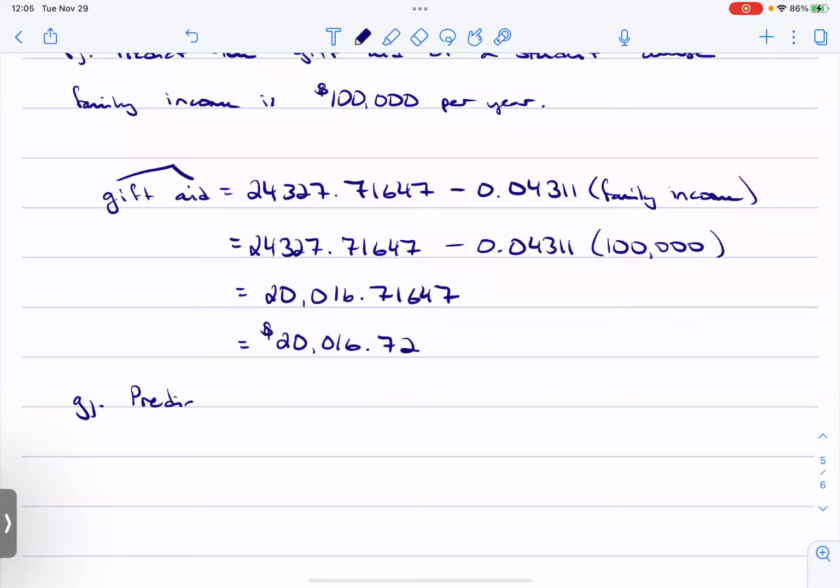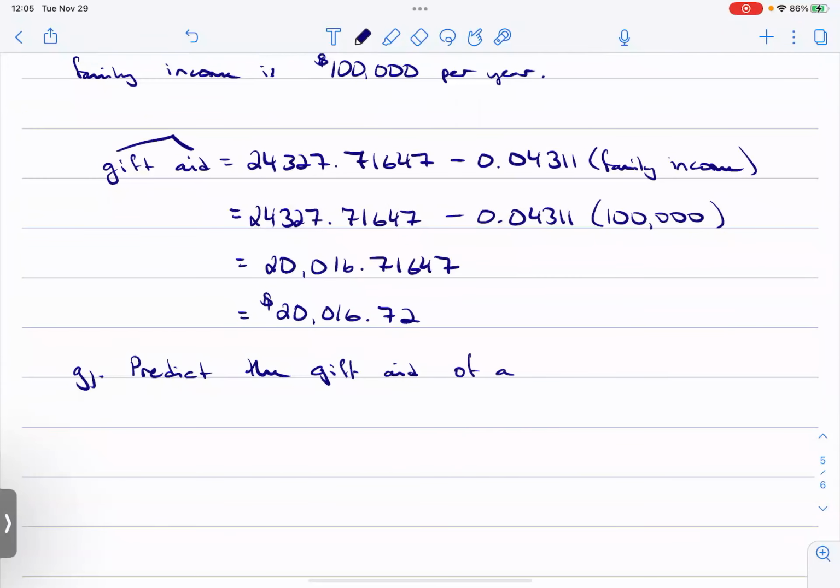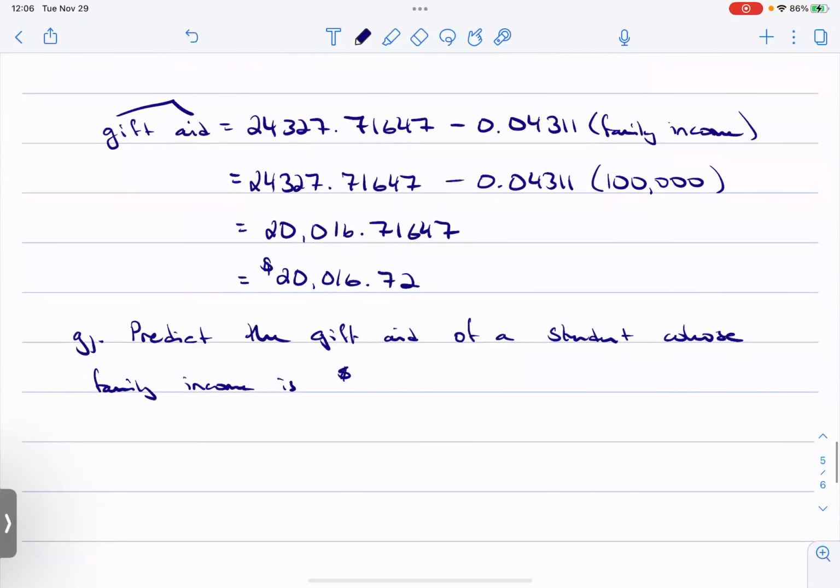Predict the gift aid of a student whose family income is, let's use that million, 1 million per year. And then I prompt you with, do you trust this prediction?